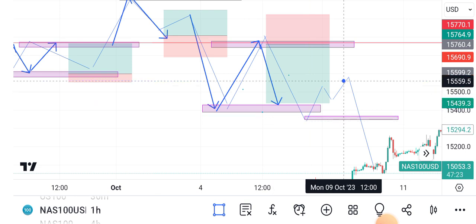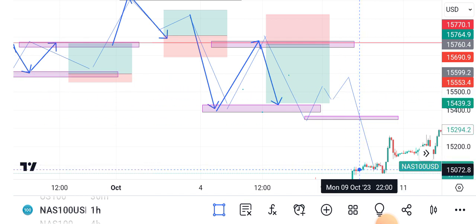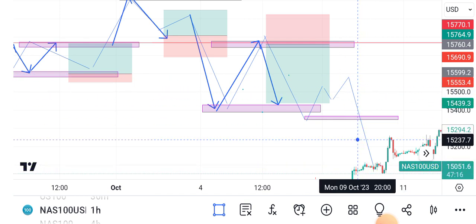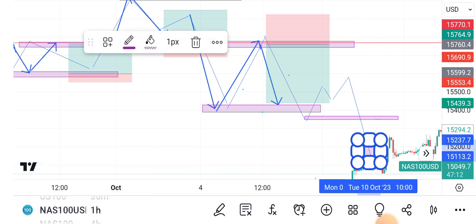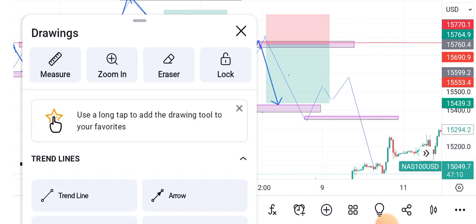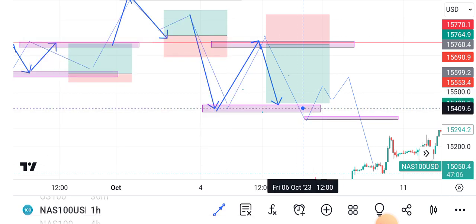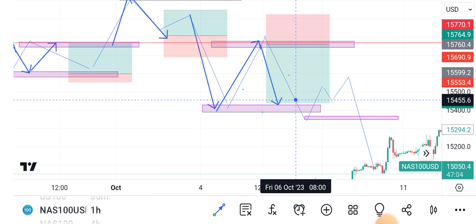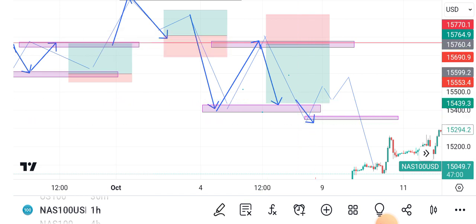Let me just indicate this area over here, because that's our new low. So of course the structure is the same. I just want to do this for video sakes. The market then breaks your low, right?